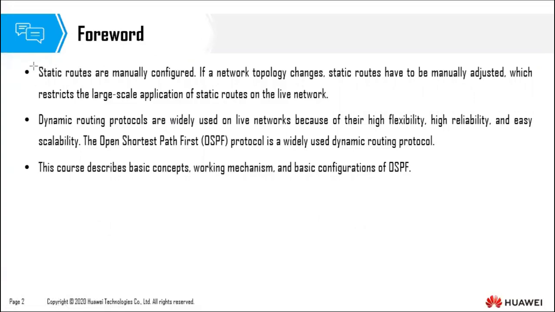So as we all understand so far, static routes are manually configured. We've so far configured static routes, floating static routes or backup static routes, and also default routes. So when network topology changes, and when you talk about network topology changes, it means there is a failure in the network topology.